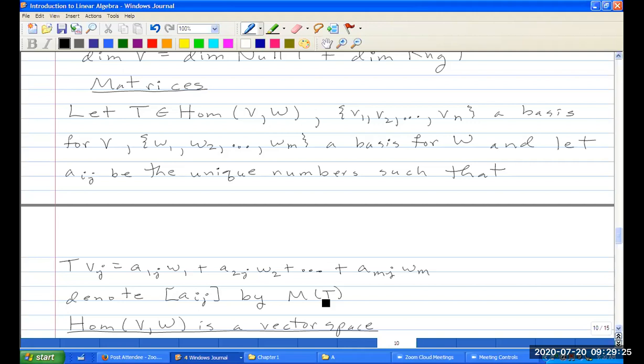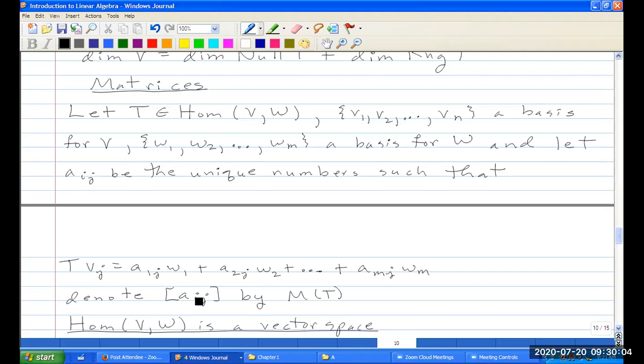They arise because we have a unique representation of vectors, because we have a basis. So there's a unique representation of any vector in terms of these elements, and these numbers we will form into this array of numbers.